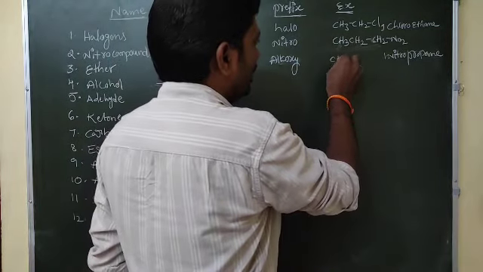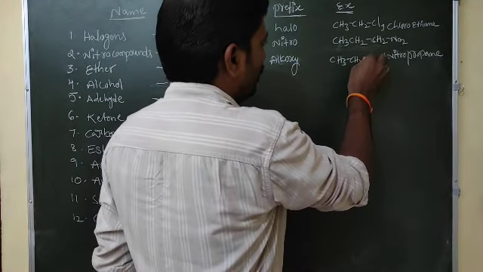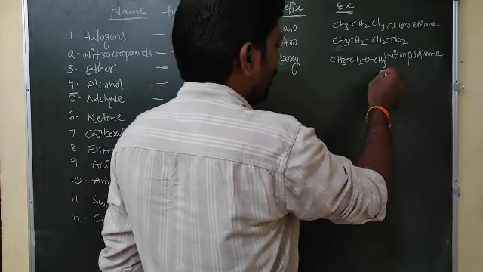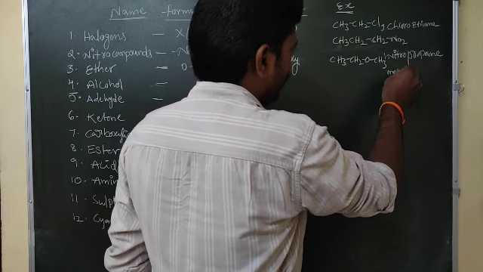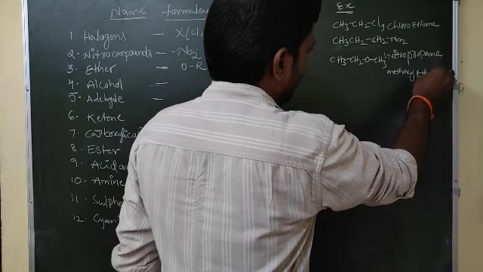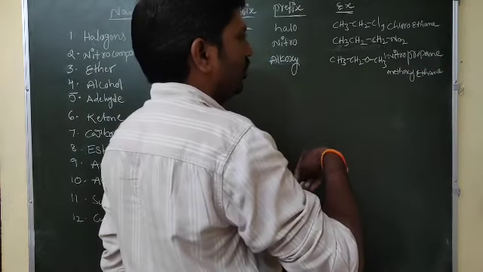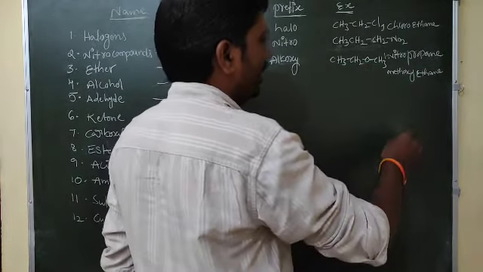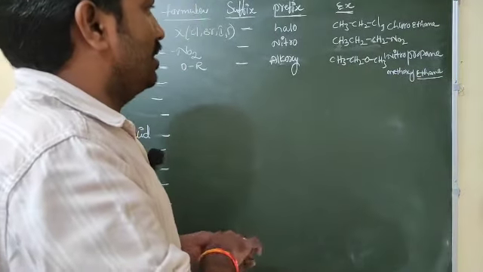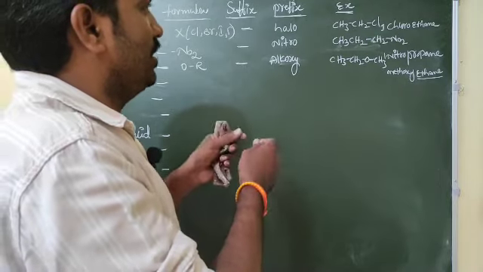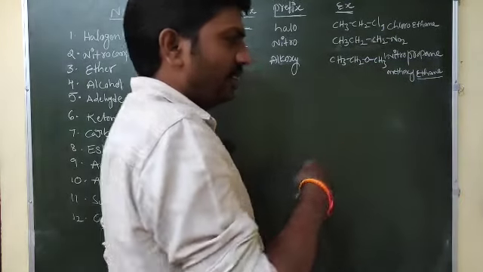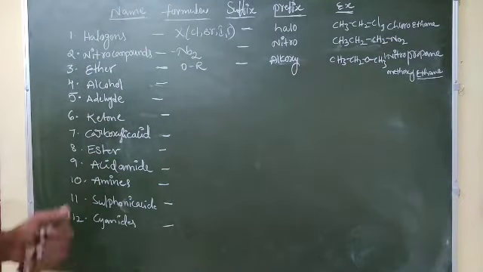Example, CH3 CH2 O CH3, methoxyethane. So this is prefix only, not a suffix. Suffix means we write it last. Prefix means in front of the carbon chain. So this is an example for that.